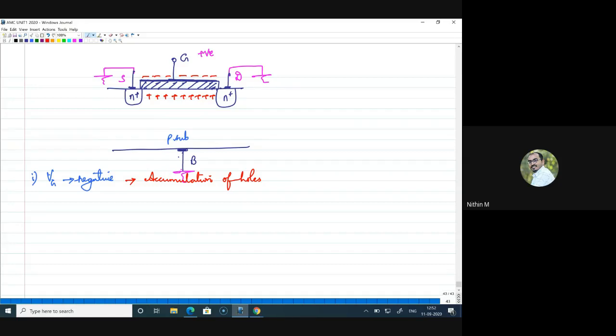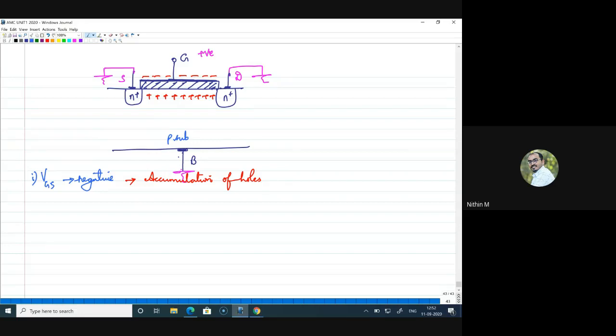Now, generally a potential difference is what we are creating; we cannot have only a single terminal, we can only create a potential difference. Since it is a potential difference, we have to refer it with respect to one more terminal. So generally we write this with respect to the source, because the source is the terminal which is connected to the body most of the time, and the source is generally at a low potential.